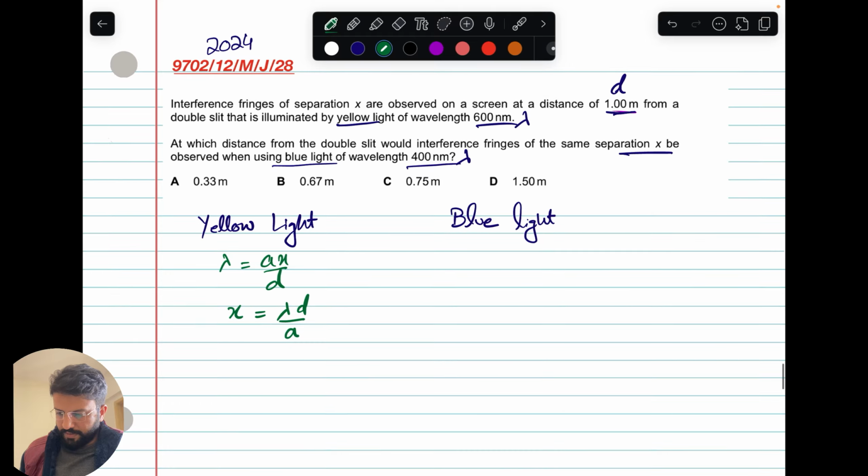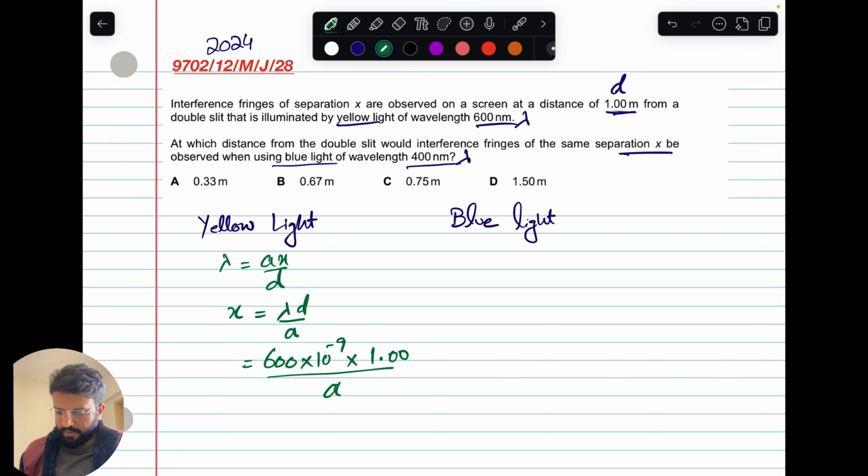Now putting in the values, for lambda we have 600 nanometers. You can convert it or simply write it down as 600 nanometers, it does not matter in the end. And d we have 1.00. What a is, is not given.